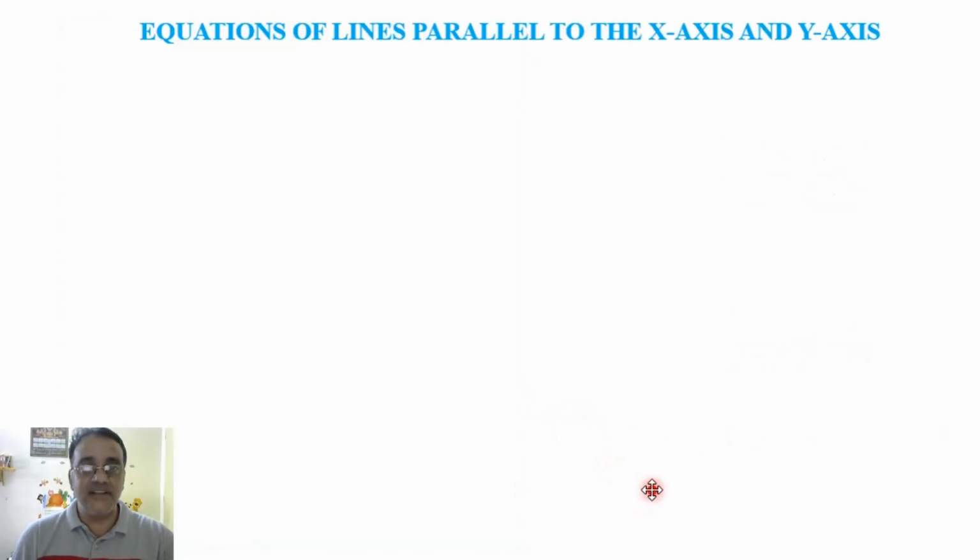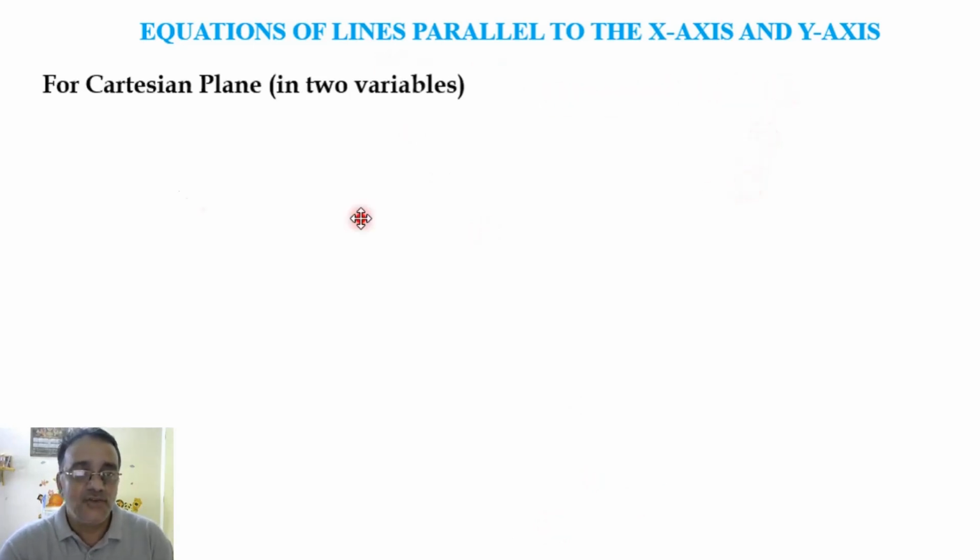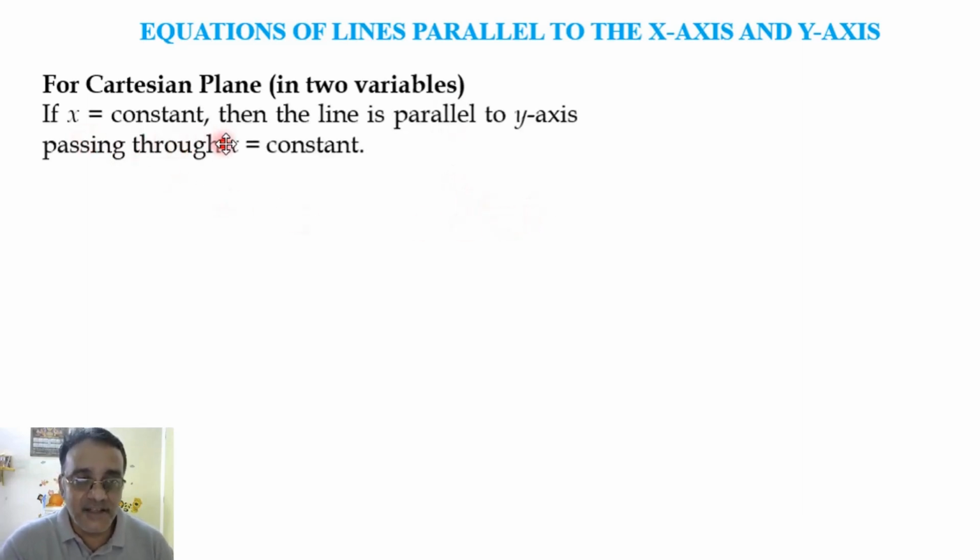Now we will move towards the last section, that is equations of lines parallel to the x-axis and y-axis. So for a Cartesian plane in two variables, listen carefully: if x is equal to a constant, then the line is parallel to the y-axis and passes through x equals that constant.